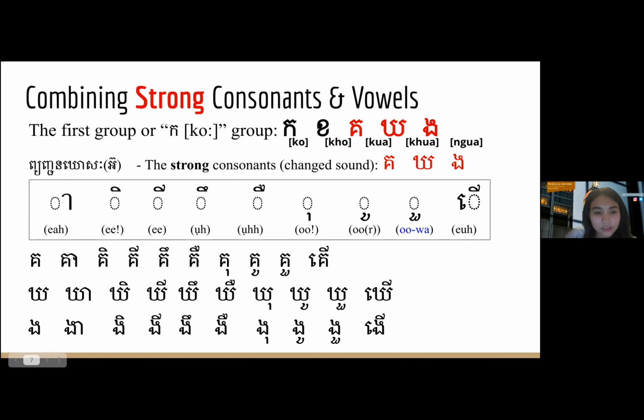Let's explain. Sra a, when you read sra a, you do not read sra air. But when it comes together with the kosat letter, it has already changed into air. So it becomes ko sra air, care.